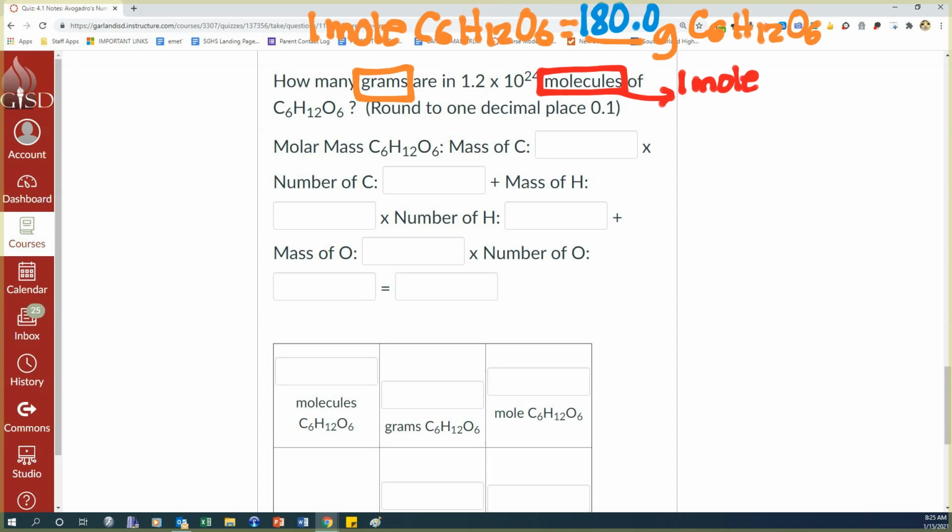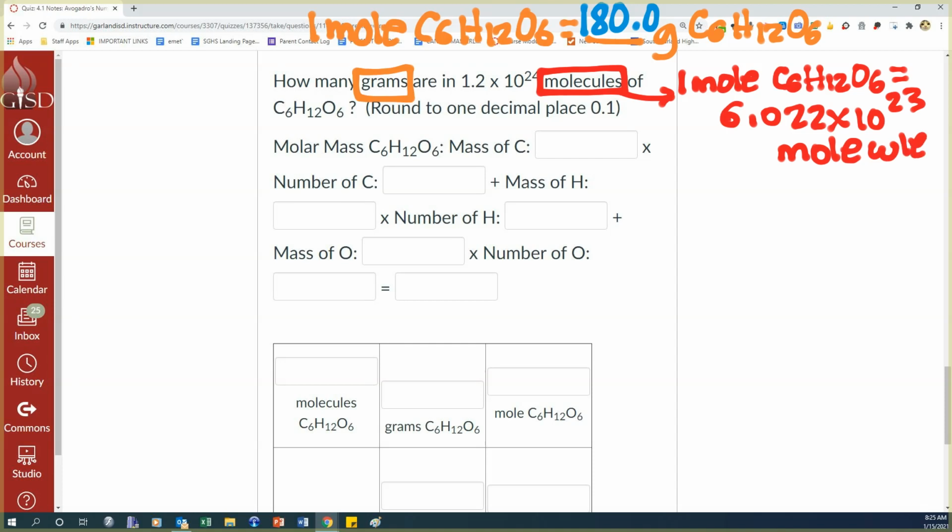of C6H12O6 equals 6.022 times 10 to the 23rd power molecules of C6H12O6. Okay, let's start filling in the answers for this one.